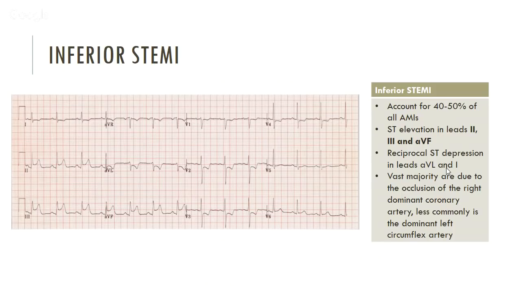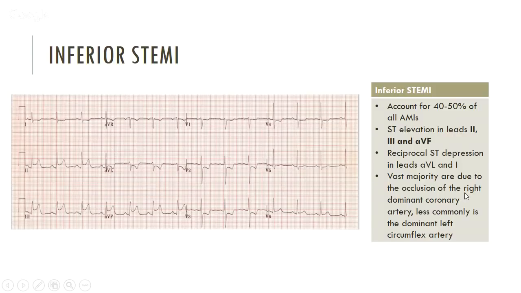So inferior STEMI is when there's elevation in 2, 3, AVF. So this is 2, 3, AVF, and there's also reciprocal ST depression in AVL and 1. You can see that together is consistent with inferior STEMI.